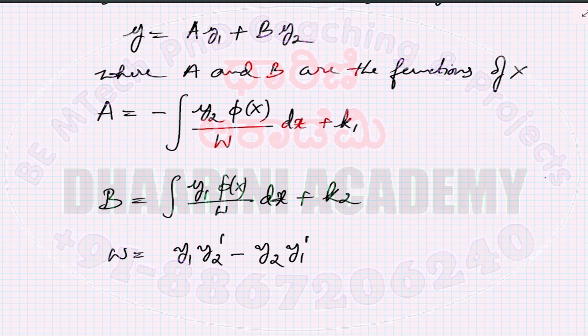In the yc itself we will observe what y1 and y2 are. We need to differentiate that to get y1 dash and y2 dash and use them in the equation to get W. Use that W in the A and B equations. Once you obtain this, put it back in the previous equation, y is equal to capital A times y1 plus B times y2, to get the complete solution.